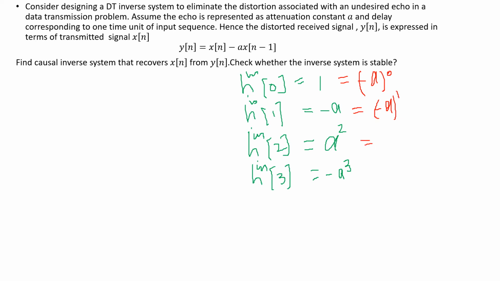This is equal to minus a to the power 2, which is equal to minus a to the power 3. I hope you understand, right? So 1 means minus a power 0, minus a square, so that we can write minus a whole power 2, and minus a cube. I hope this gives you an idea that we can generalize it.